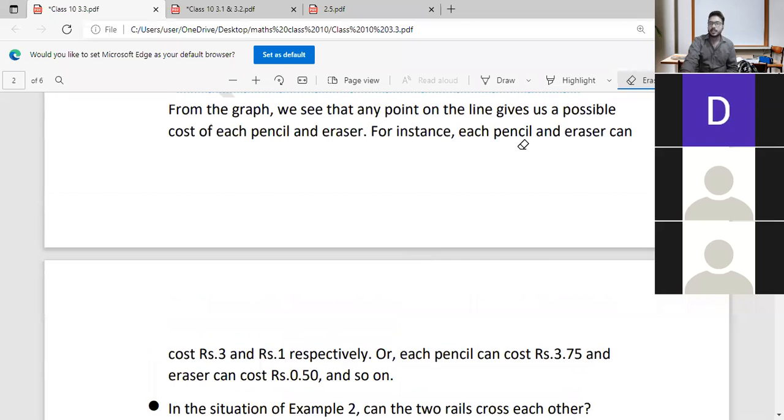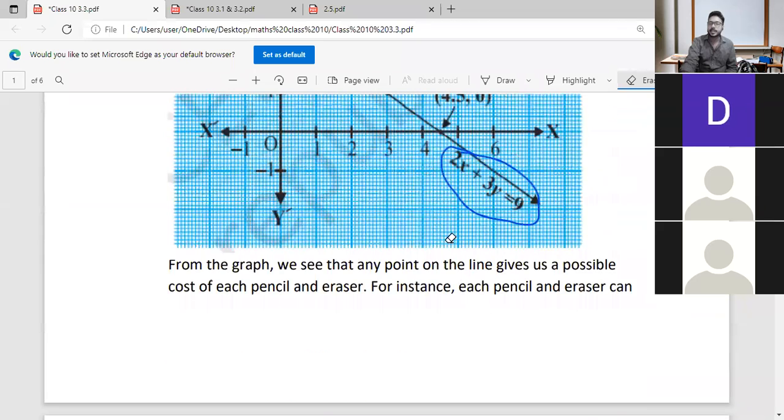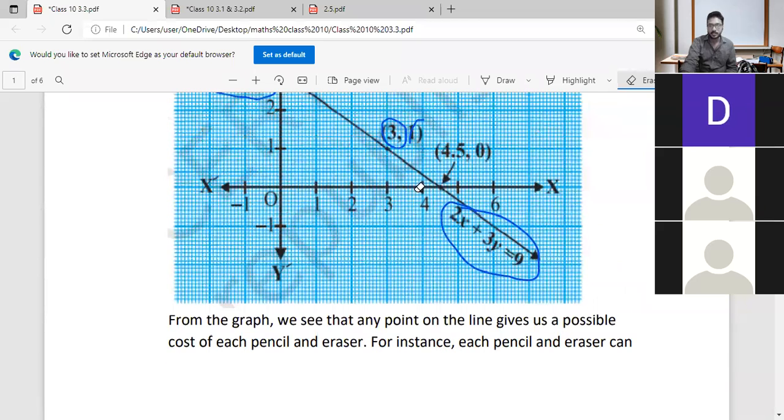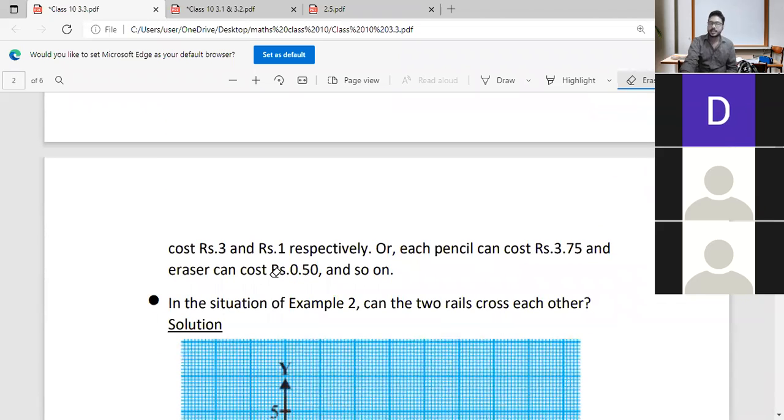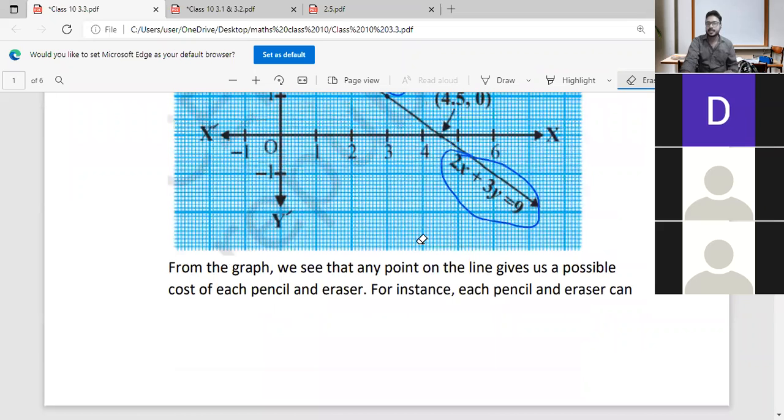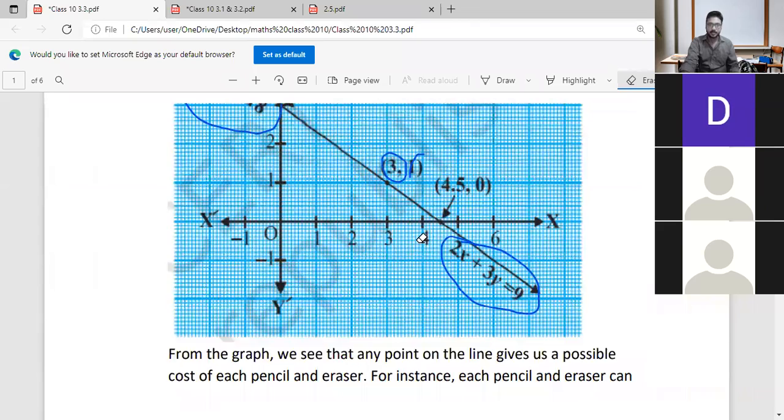Whenever the price of a pencil is rupees 3, the price of an eraser can be rupees 1. Similarly, each pencil can cost 3.75 and the eraser can cost 0.5. Am I clear to you? So we can check in this manner whether a given solution is a solution to the equation.